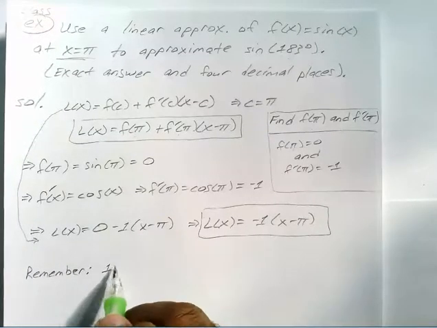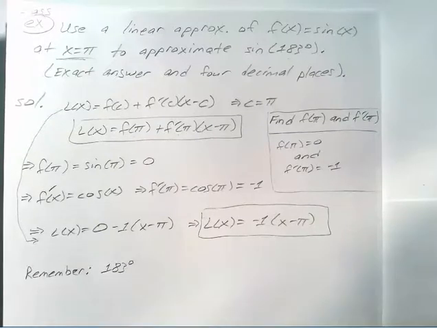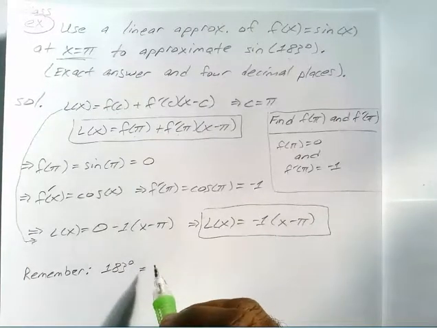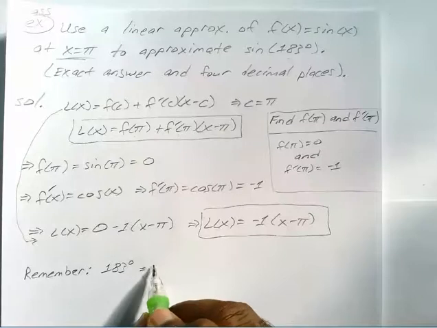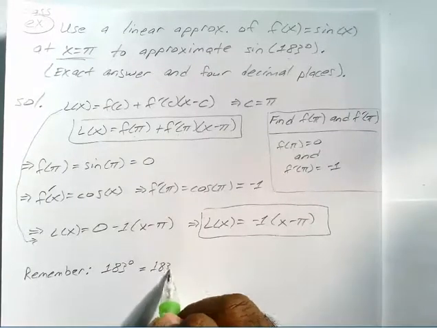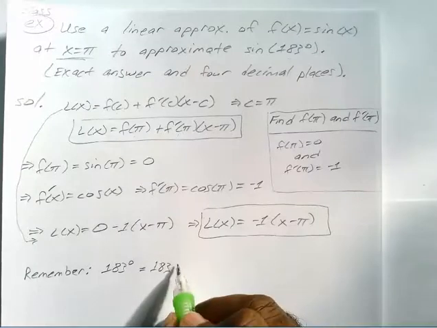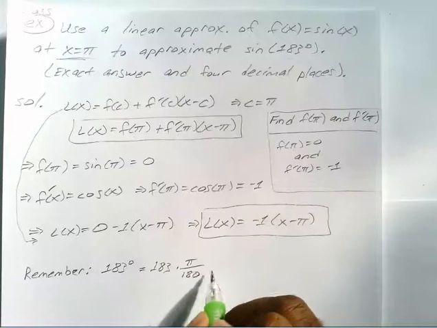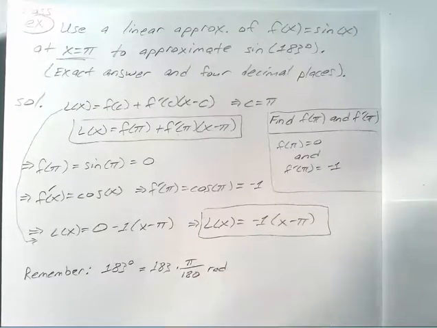Remember, to convert degrees to radians, you multiply 183 times pi over 180 radians.